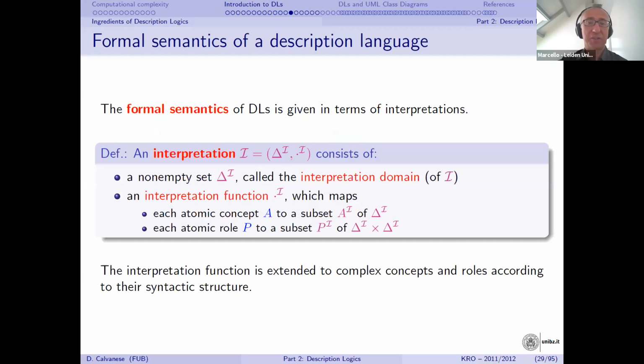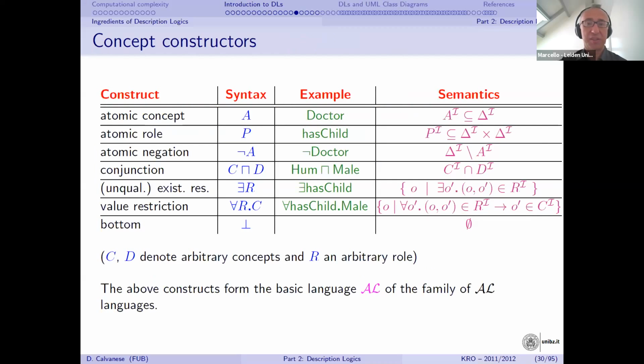Okay, so here you have your syntax and how the semantics is represented. You have some domain with some interpretation function. Then you describe, for example, that you have some atomic concept, and this is a doctor, and the relationship is just a relation between atomic concepts.